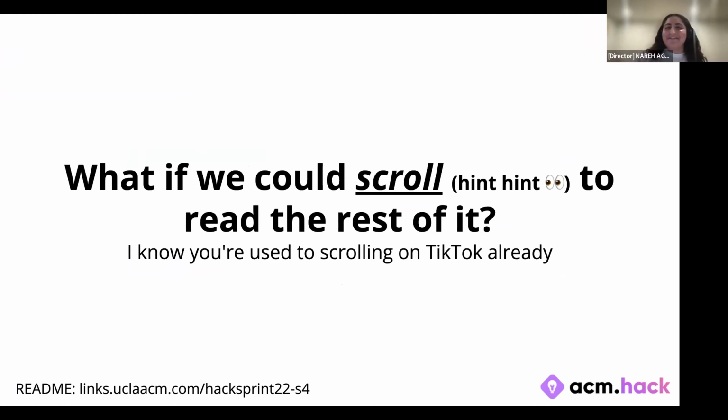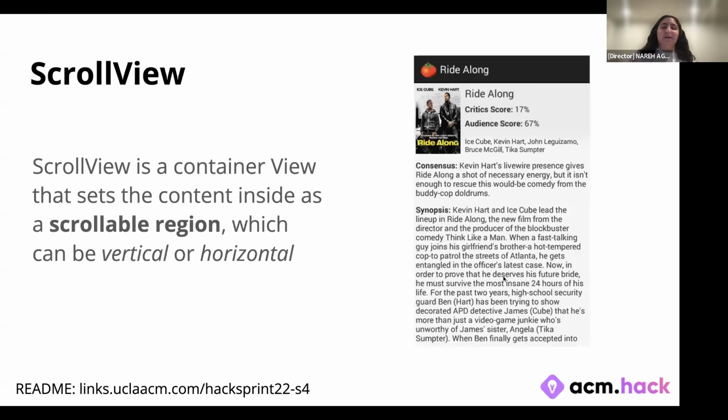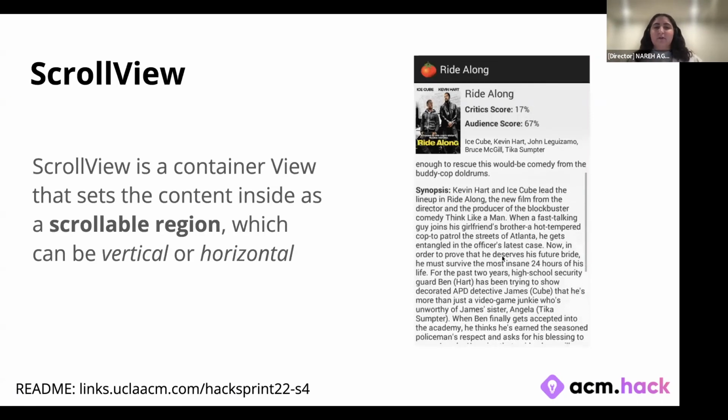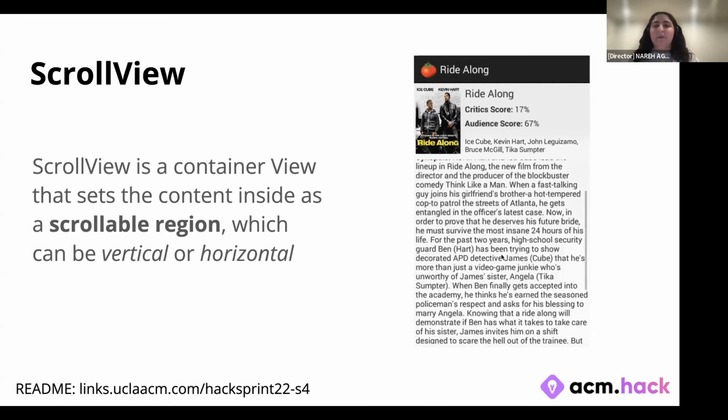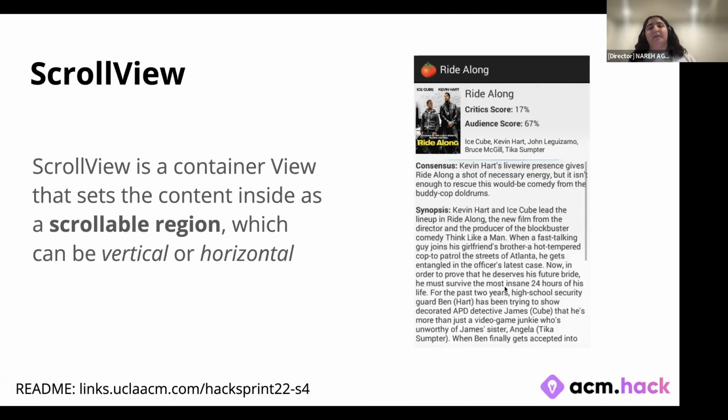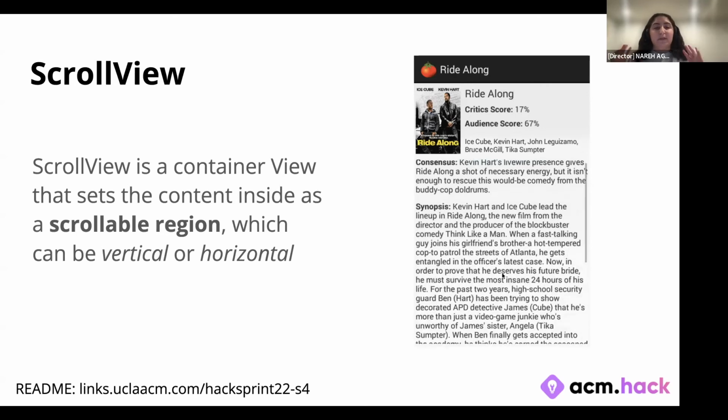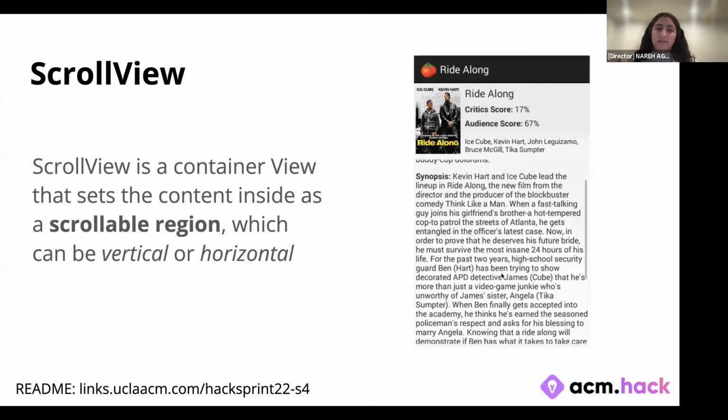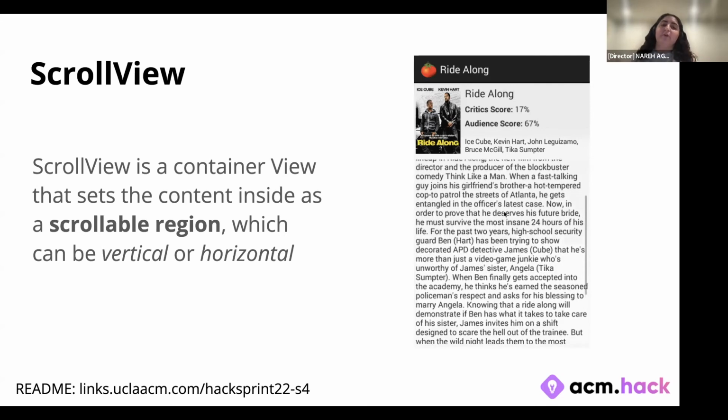And I know you're used to scrolling on TikTok, so don't lie. But following that hint, what we can implement is something called a scroll view. A scroll view is a container view, similar to how VStacks and the other stacks were. The scroll view is a container that sets the content inside of it as a scrollable region.